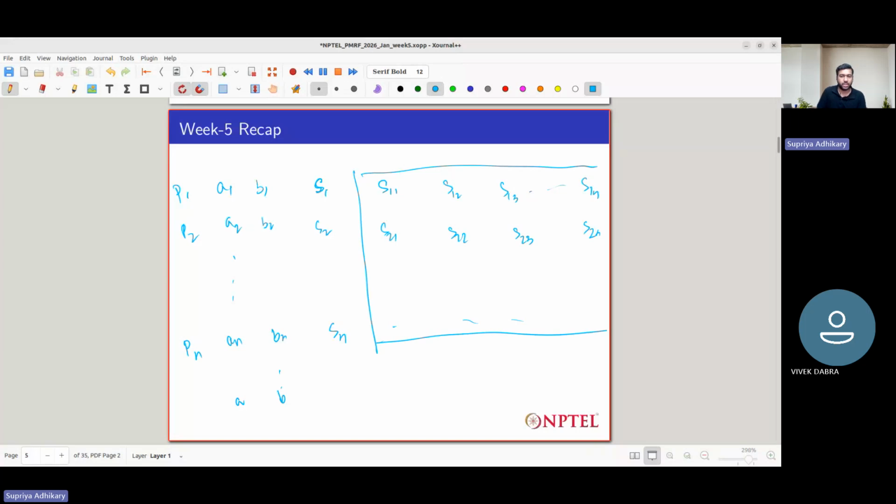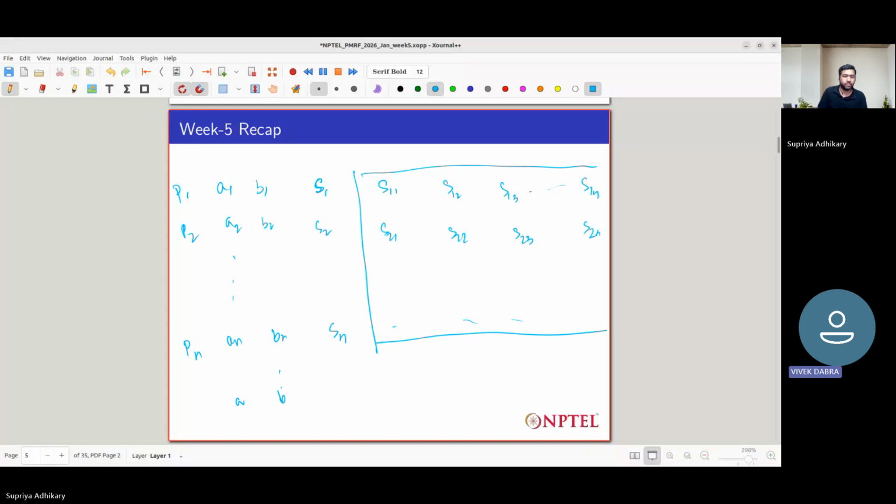So how many shares are generated? Once the shares are generated, they are supposed to be sent to the other parties. S1 is the product of A1 and B1.